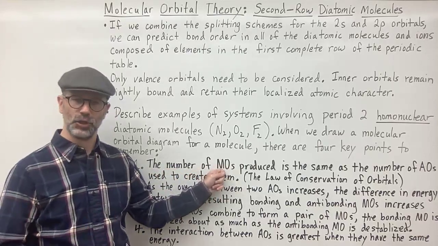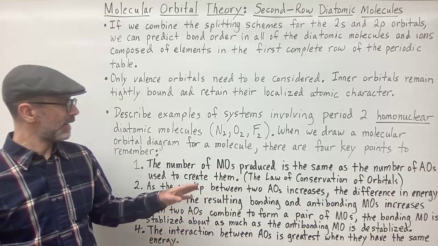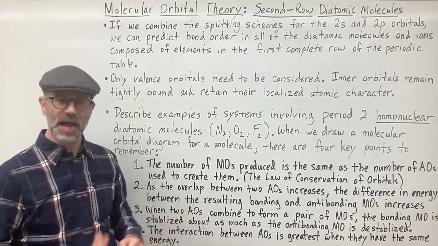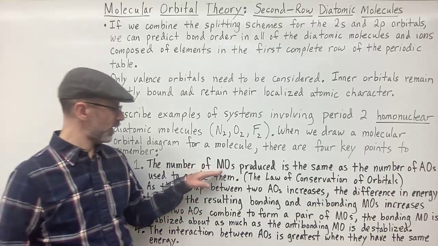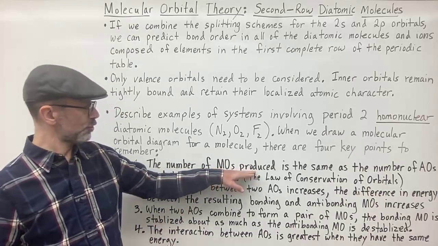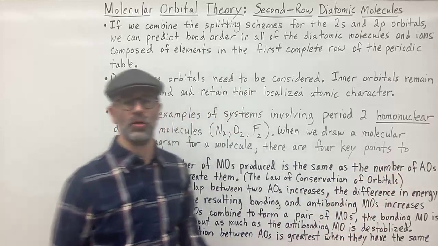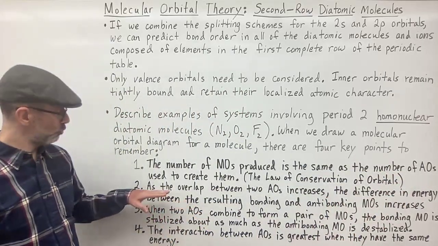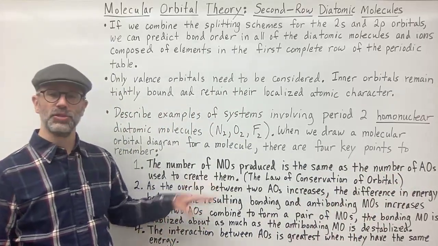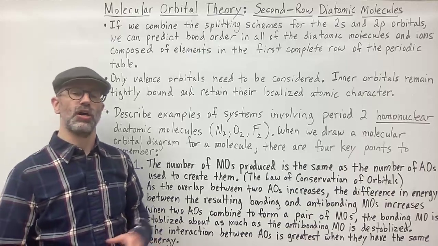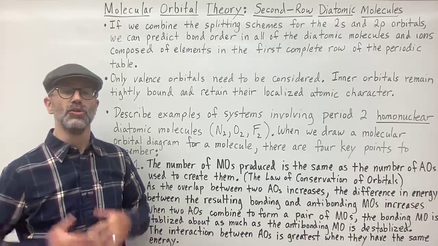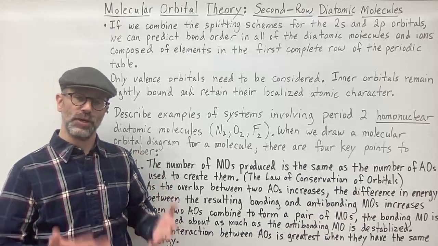MO means molecular orbital, and AO means atomic orbital. So the number of molecular orbitals produced is the same as the number of atomic orbitals used to create them. So this is also known as the law of conservation of orbitals. So what you put in is what you get out, right?